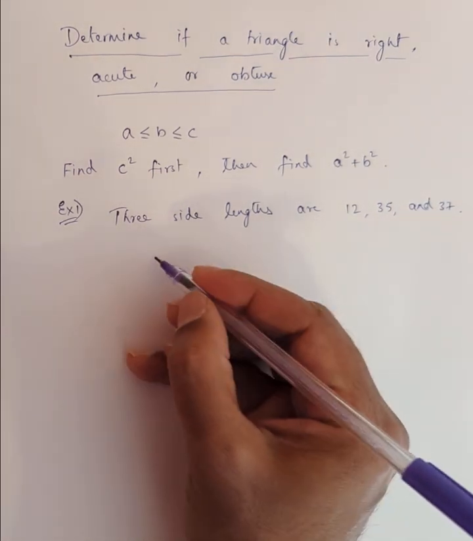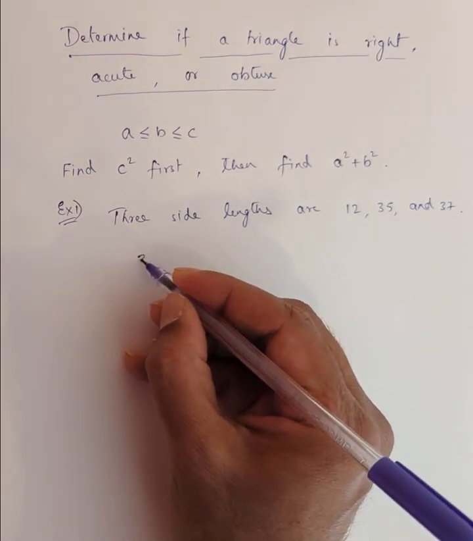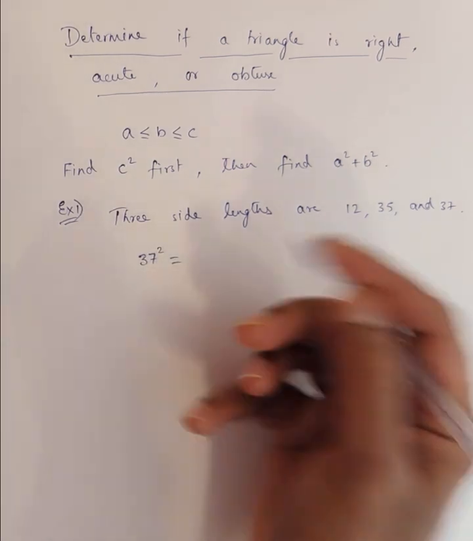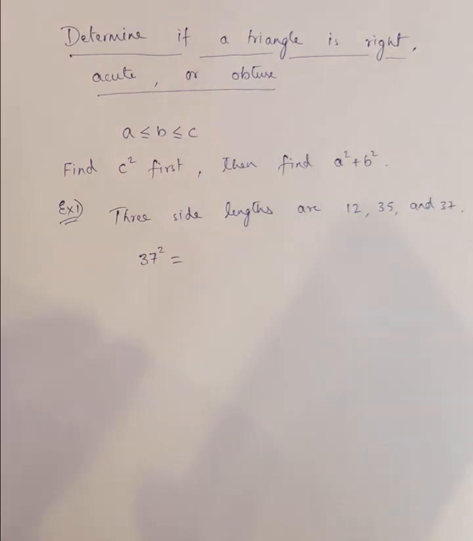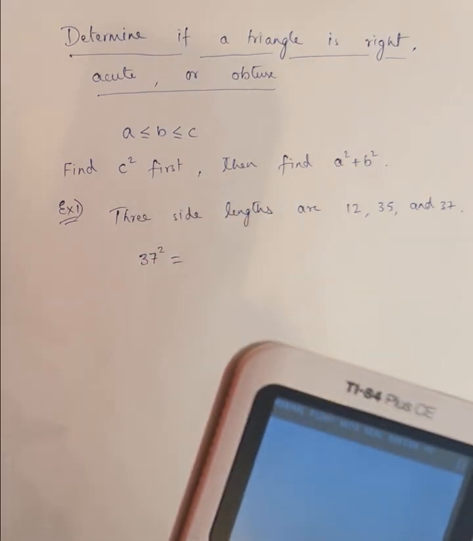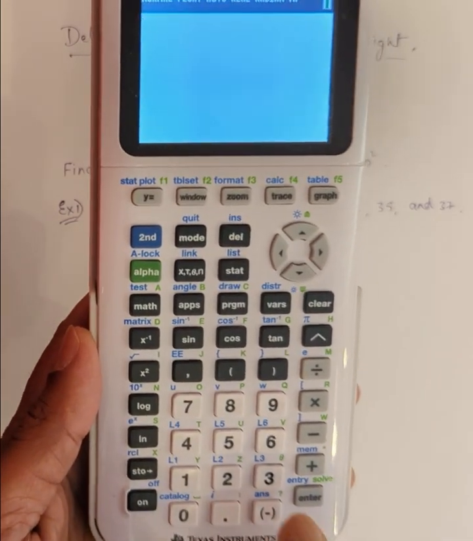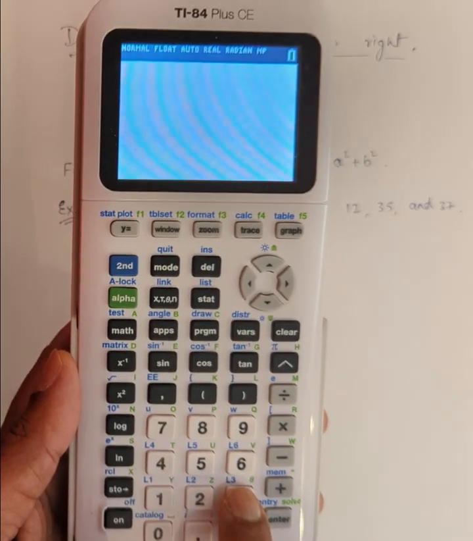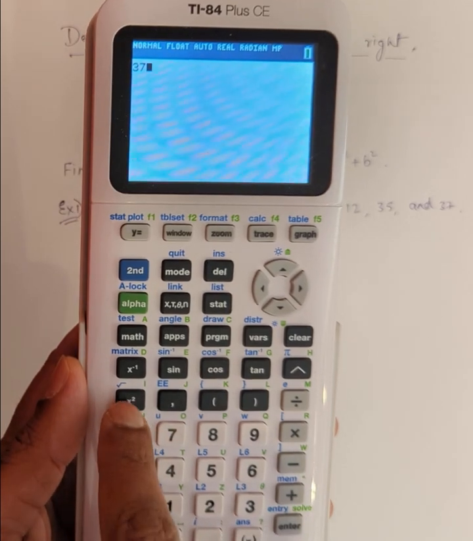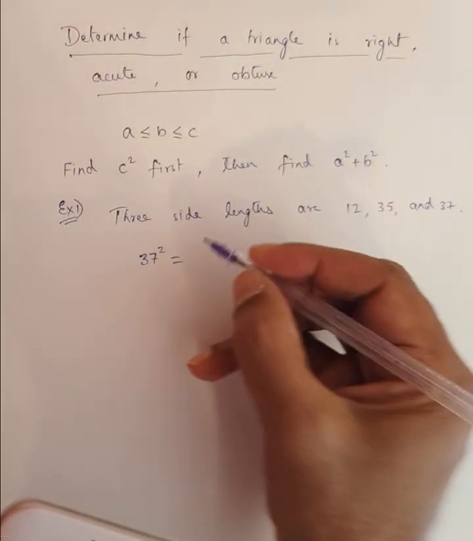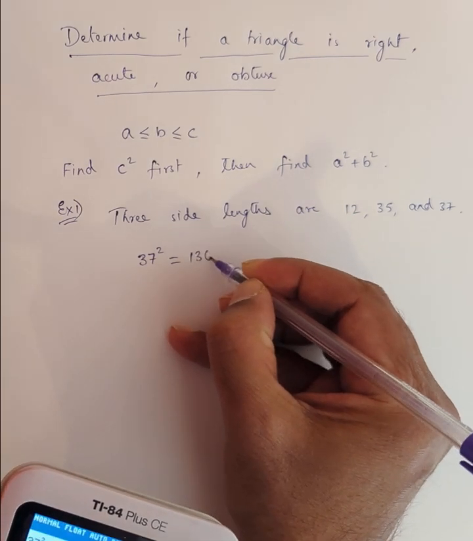So step one is to find the biggest number squared. So 37 square is, and I'm assuming if you're given a big number, you're allowed to use a calculator. So I'm going to use my calculator to figure out 37 square, and the square button is right there. And there you go, it is 1369.